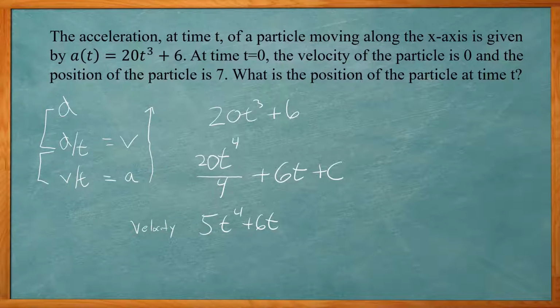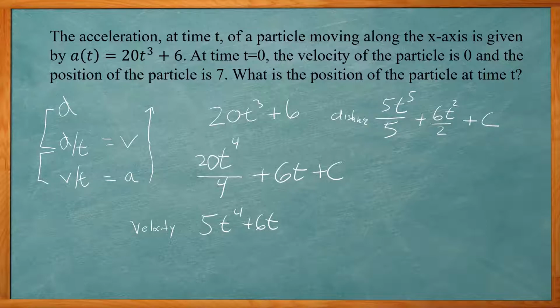Now if we take that and integrate it, that's going to be t to the 5th power divided by 5, plus 6t raised to the 2nd power divided by 2, plus the constant. Okay, so this is our distance formula.